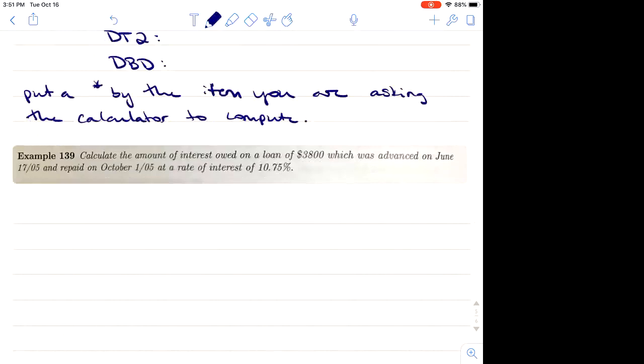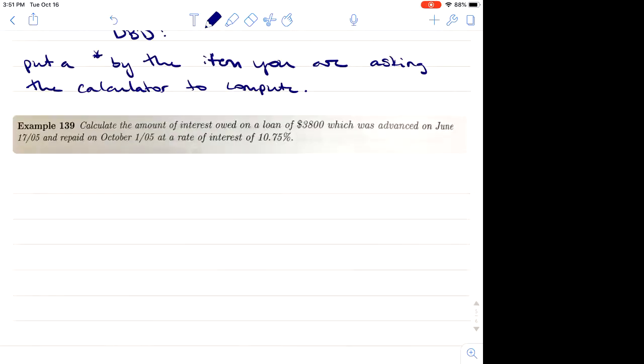Okay. So let's outline all the information that we've been given. We've got the amount of the loan, P, 3,800. We're also given a date 1 and a date 2, so we don't have time, but we do have the first date and the second date, so we can find time.